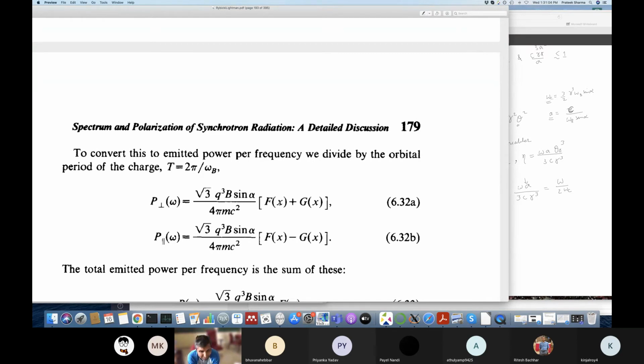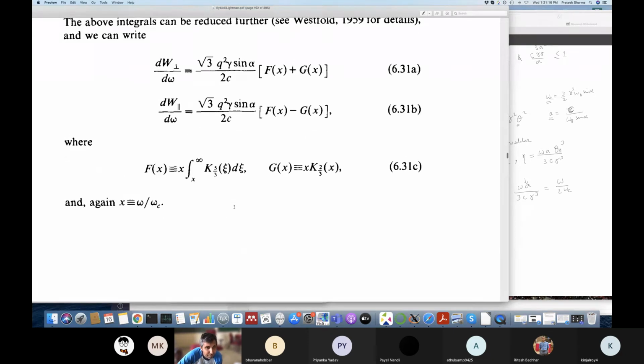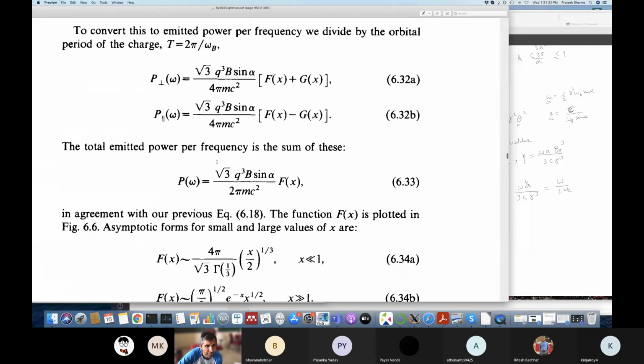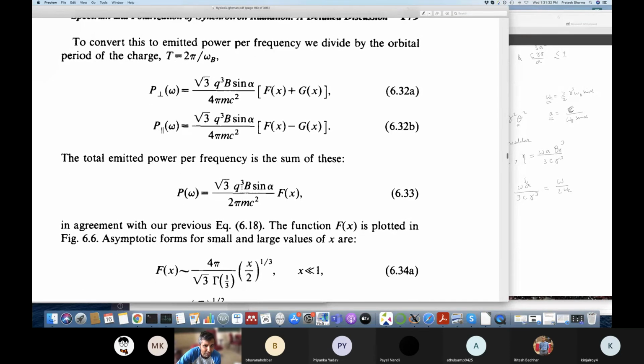Previously, when we did the qualitative treatment, we said that the frequency dependence of power is only in omega by omega_c. So you see there is no explicit dependence on frequency here. And this gamma also gets absorbed in that. These are the expressions, 6.32a and 32b, that are used most of the time in the application.